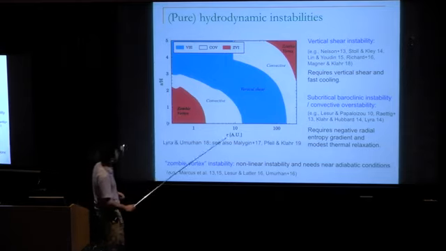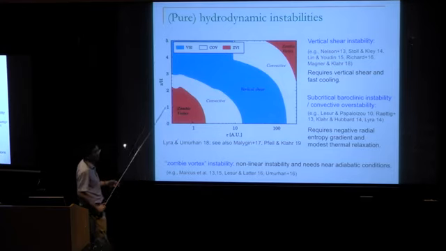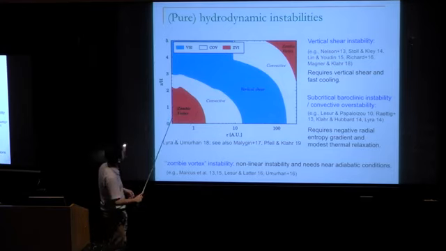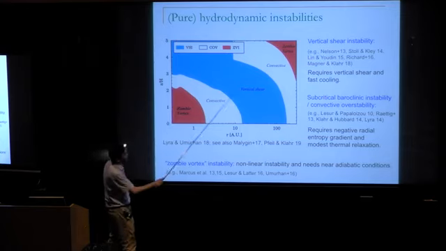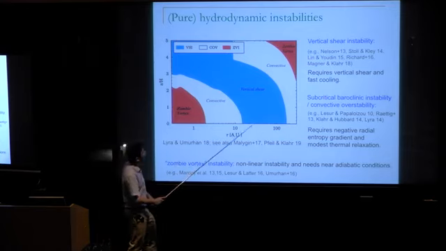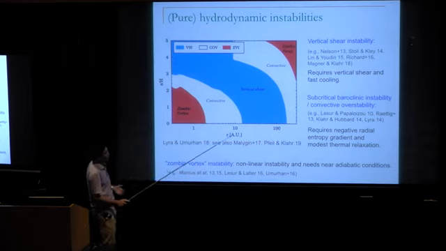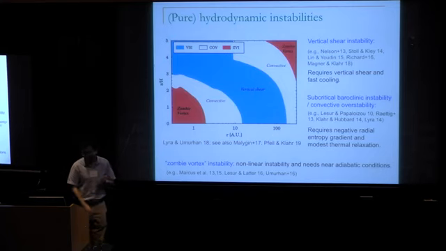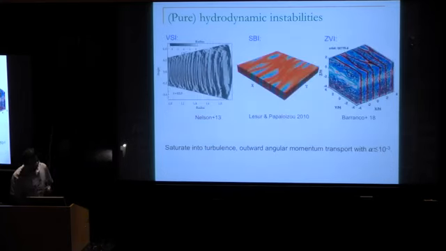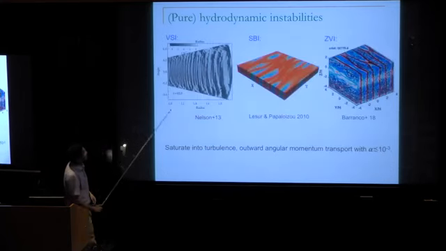Since the zombie vortex instability requires highly adiabatic conditions, it may reside in regions with the highest optical depths. Vertical shear instability may operate in the outer part of the disk. And if you manage to set up a radial entropy gradient, then you may have convective instabilities in between.